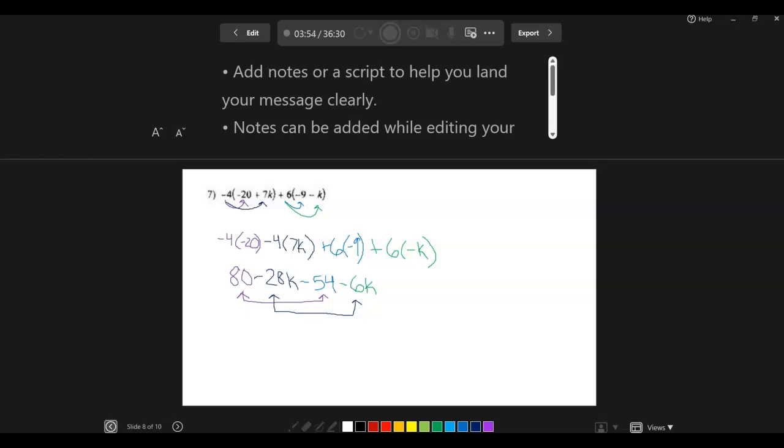So we've got 80 minus 54. Remember, we're going to take the signs in front of the numbers. So 80 minus 54. 80 minus 50 would give me 30. Minus 4 more would give me 26. So 26.